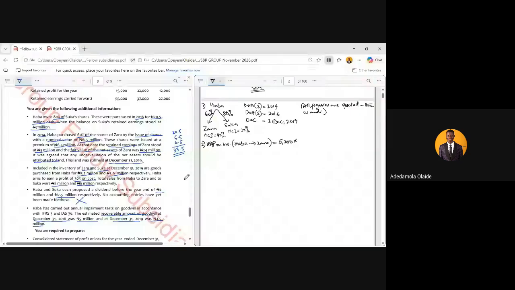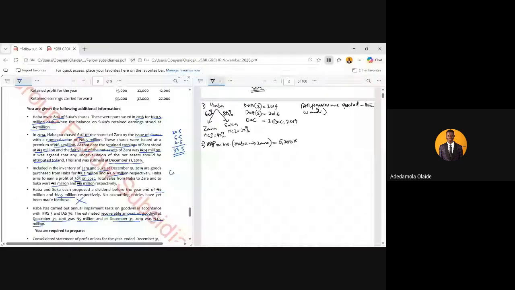Since markup is profit divided by cost, then to convert it to margin, it will be what? Profit divided by cost plus profit.